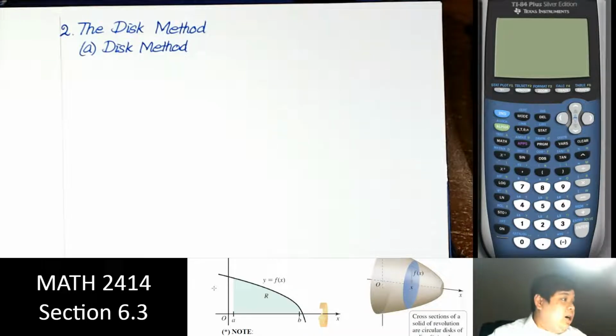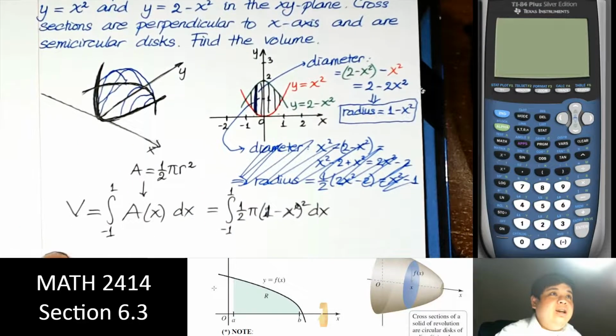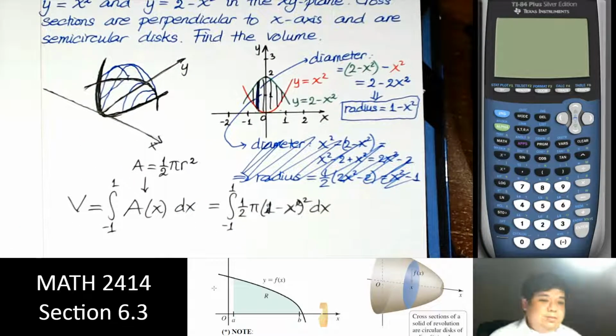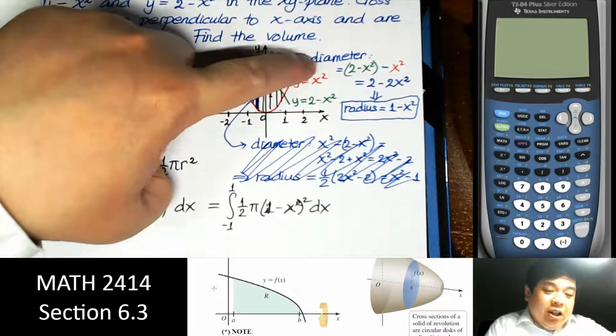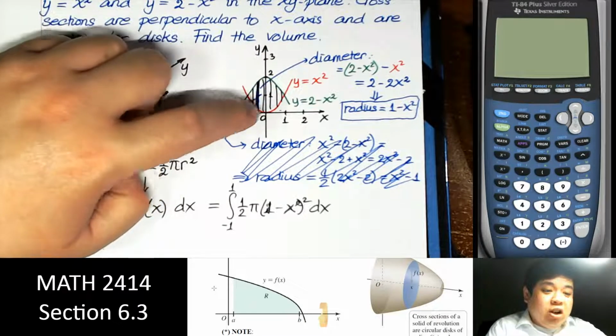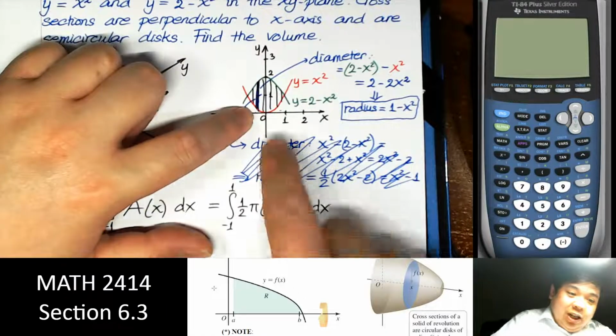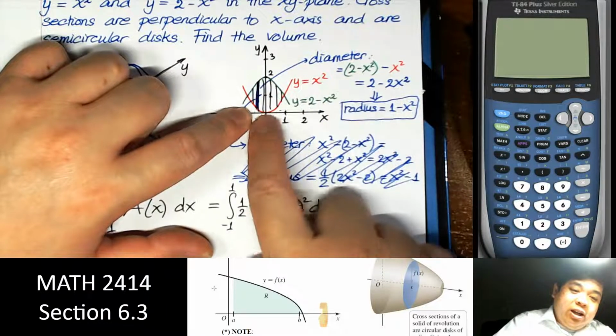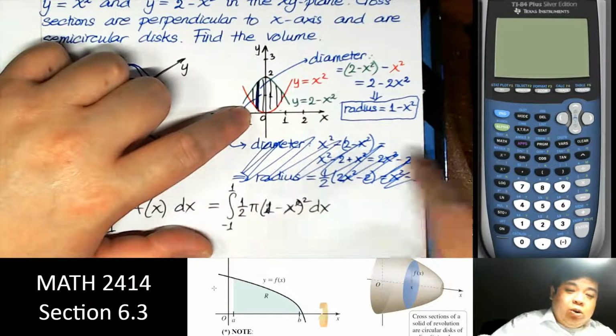It's not going to be a semi. Like I said, the diameter is going to be the one above minus the one below. So the above is 2 minus x squared and below is y equal to 2 minus x.